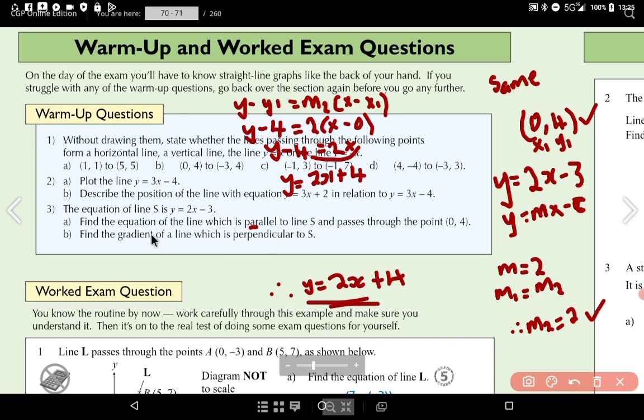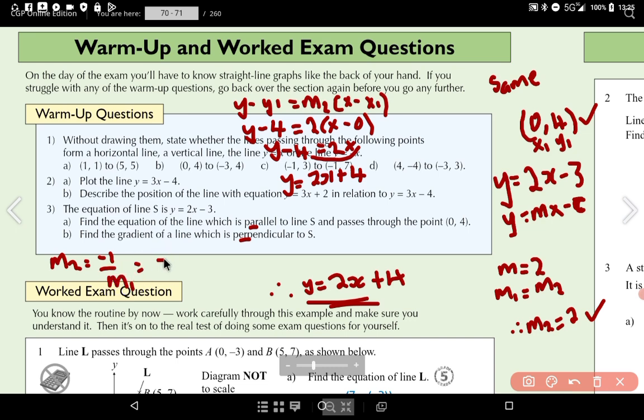Okay, so then find the gradient of the line which is perpendicular to S. For perpendicular, we say that gradient 2 is equal to -1 over gradient 1.